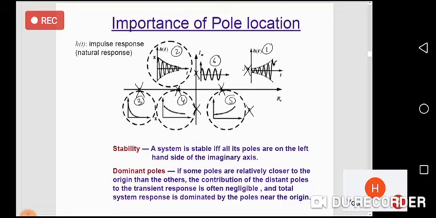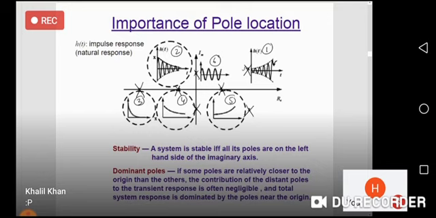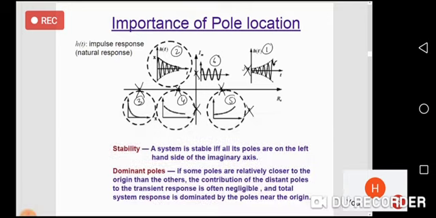Now, all of these responses represent different types of second order system. As a student, you have to tell me which response corresponds to which set of poles. Okay? So let's talk about response number 6.